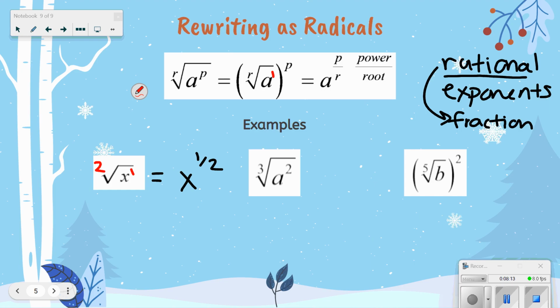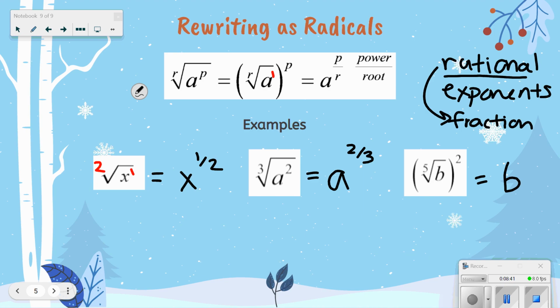Now let's look at if I have the cube root of a squared. What would that be equivalent to? Awesome. A to the 2/3 power. Good. Lastly, I have the 5th root of b all squared. What do we think that would be equivalent to? B to the 1/10.